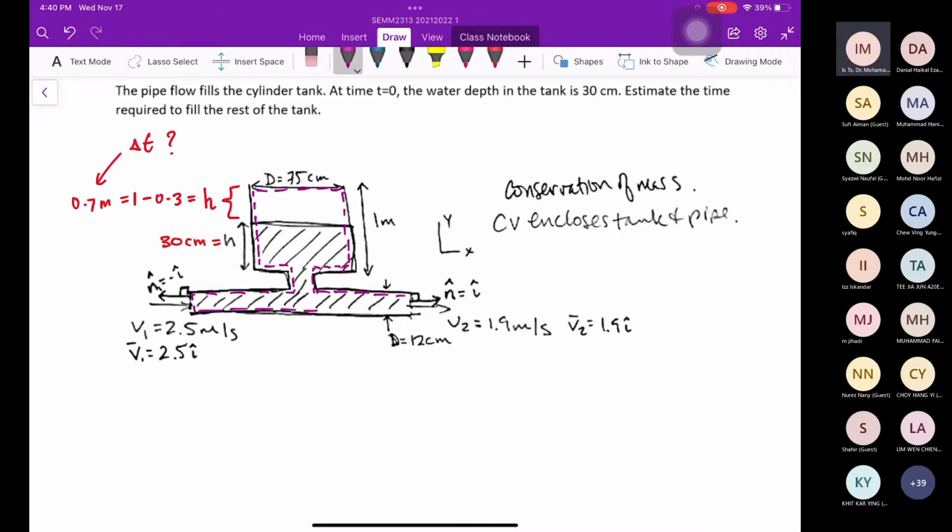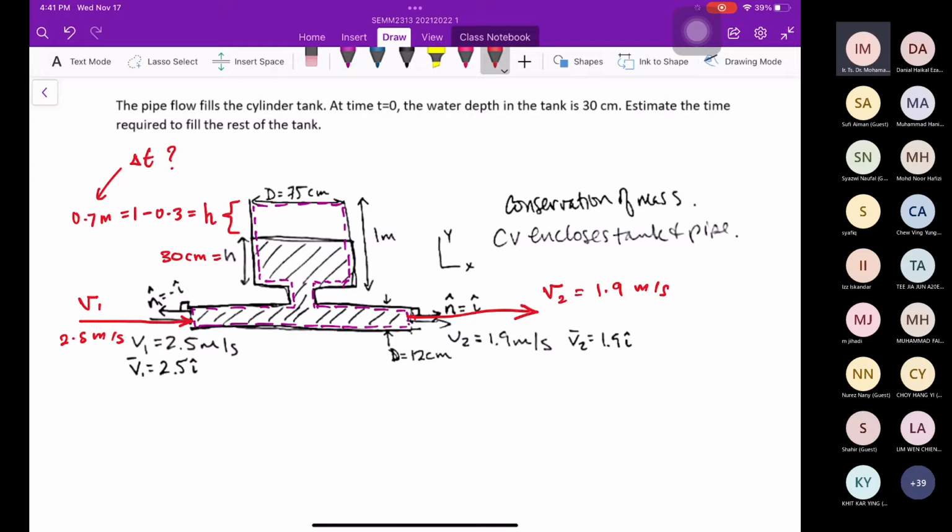As you can see, the control volume is perpendicular to the flow. We have the flow from here. So this is V1, perpendicular to the cross-sectional area, 2.5 meter per second.